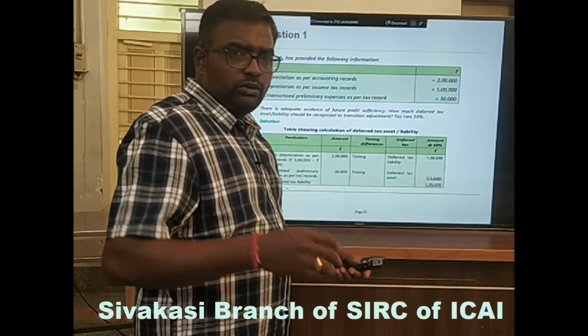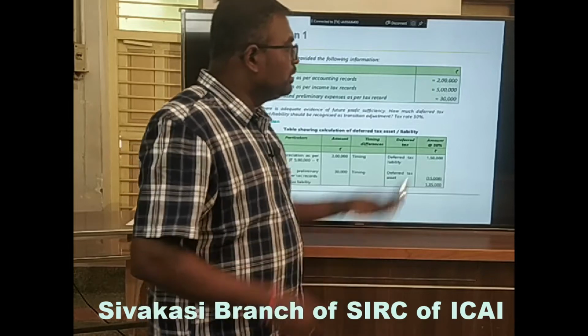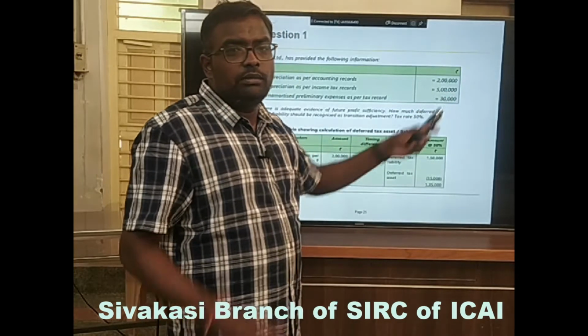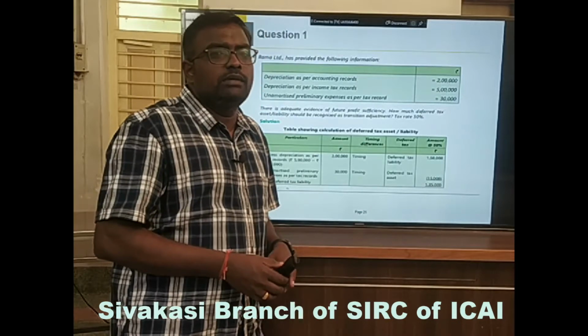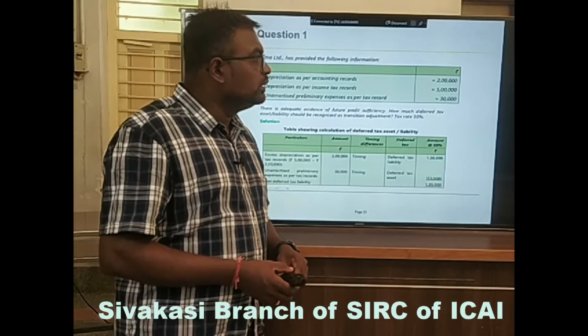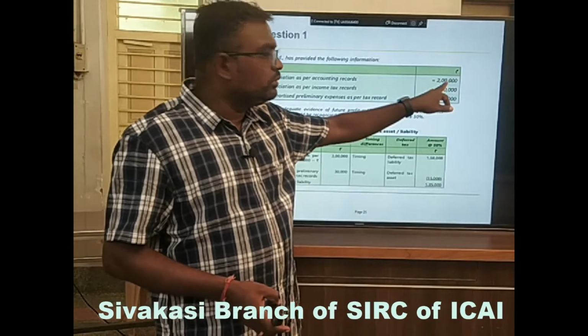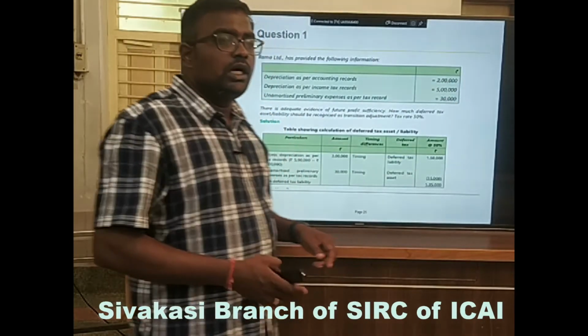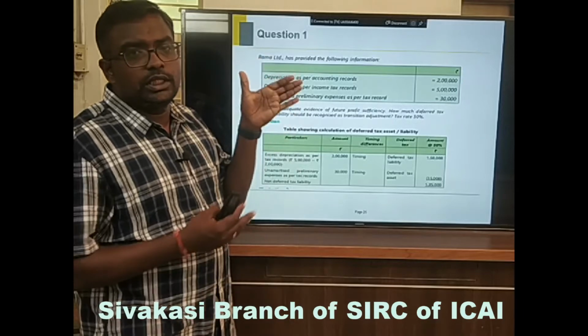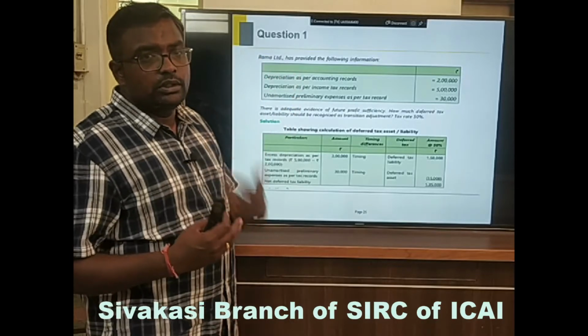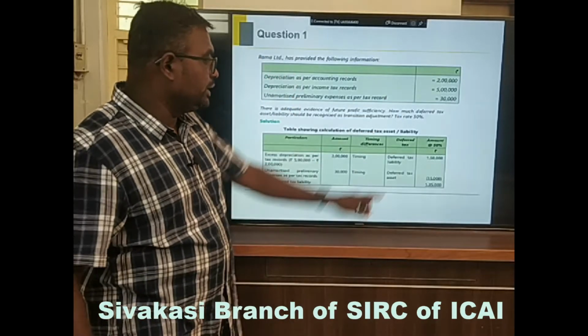But if you work it out, because they allowed more, I will have less taxable income, and because of less taxable income I am going to pay less tax. But my books show only 2 lakhs as depreciation, so I have to go by the books and match them. I create a deferred tax liability.